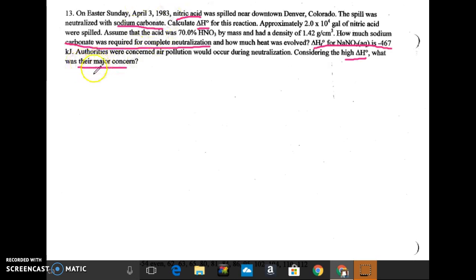So first thing we're going to do is write the equation for nitric acid. So you'll see there's NO3 here. So nitric acid comes from nitrate, so HNO3. And we're going to add sodium carbonate.